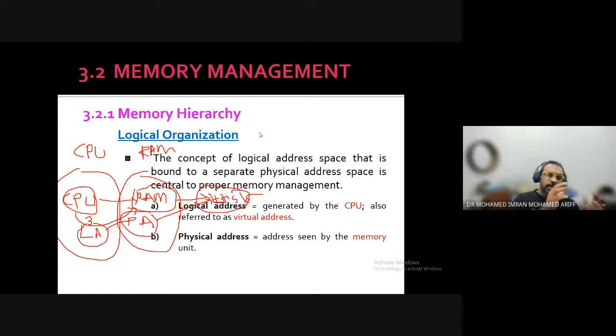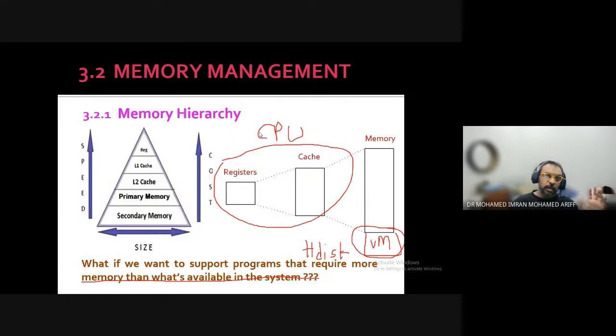The hierarchy starts from the registers, which are at the top inside the CPU, then the cache memory, the primary memory, and then the secondary memory. So this is how it looks like. Inside the CPU, there are registers and cache memory.